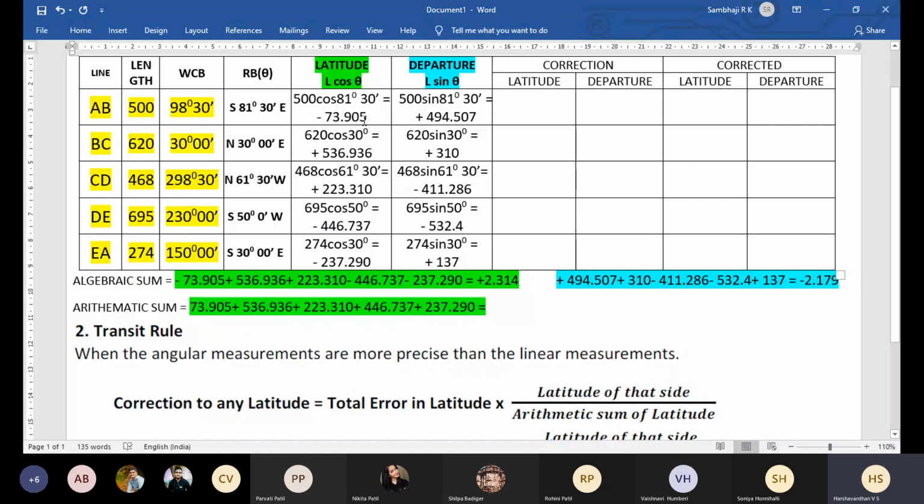So it is 73.905 plus 536.936 plus 223.310 plus 446.737 plus 237.290.